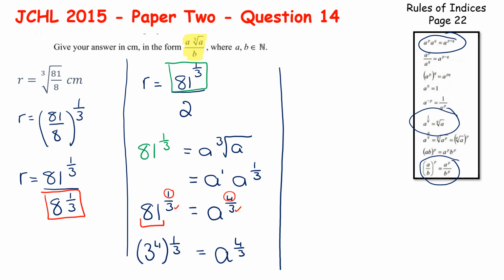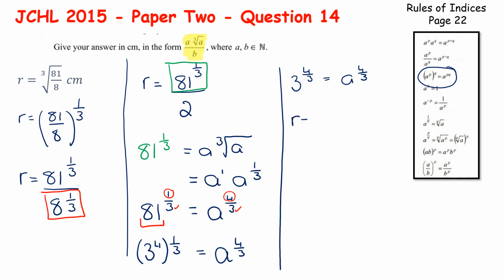I'm going to use law 3 now on the left hand side, which says if I have a base to a power, I can multiply those powers. So that's 3 to the power of 4 over 3, and that is a to the power of 4 over 3. So that gives me my base. So I now can go back and say, well, 'or' can be written as 3 cubed root of 3 all over 2.